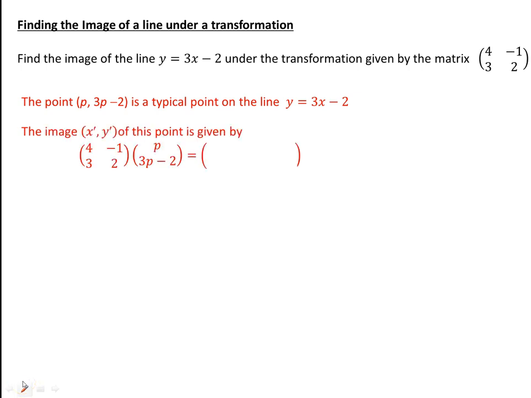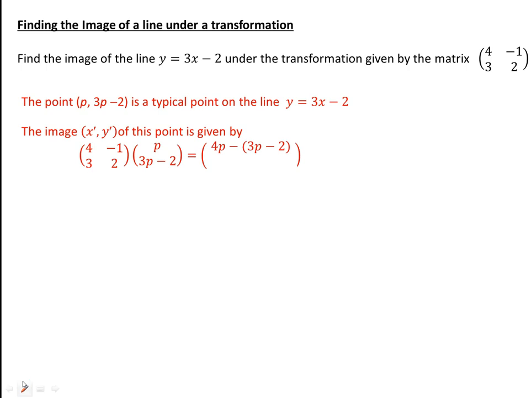Now the image of this point is calculated by working out (4, -1; 3, 2) times (p, 3p - 2). So the top entry is going to be 4 times p plus -1 times (3p - 2).